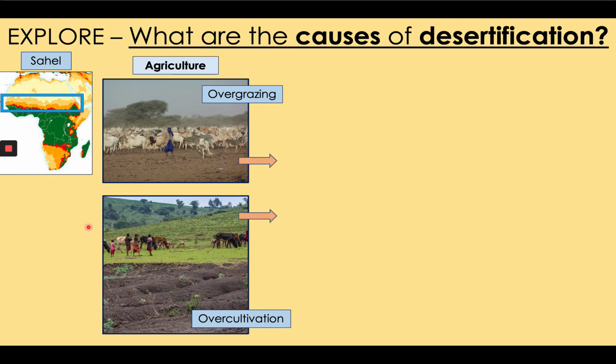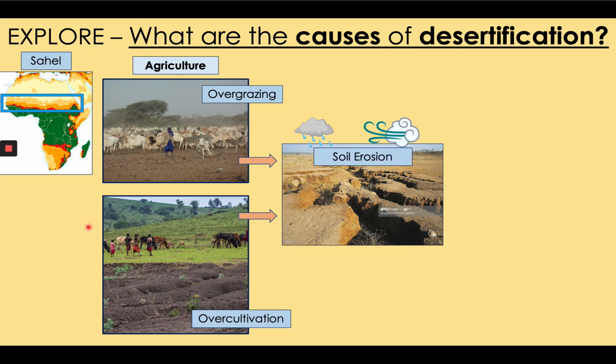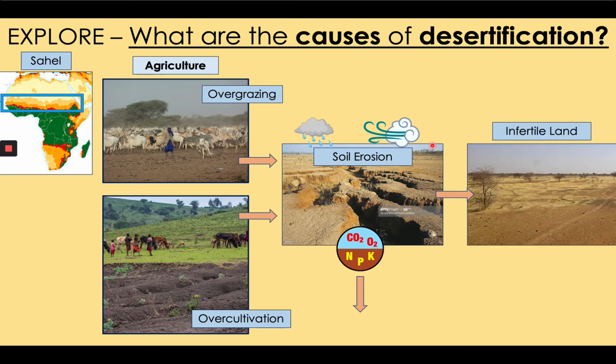The combined effect of this is that you have soil erosion in the same way as you get from deforestation, because both of these processes, overgrazing and overcultivation, they expose the land to wind and to rain by removing vegetation and by loosening soil. As a result of soil erosion, as before with deforestation, nutrients are lost, and so again you get infertile land.